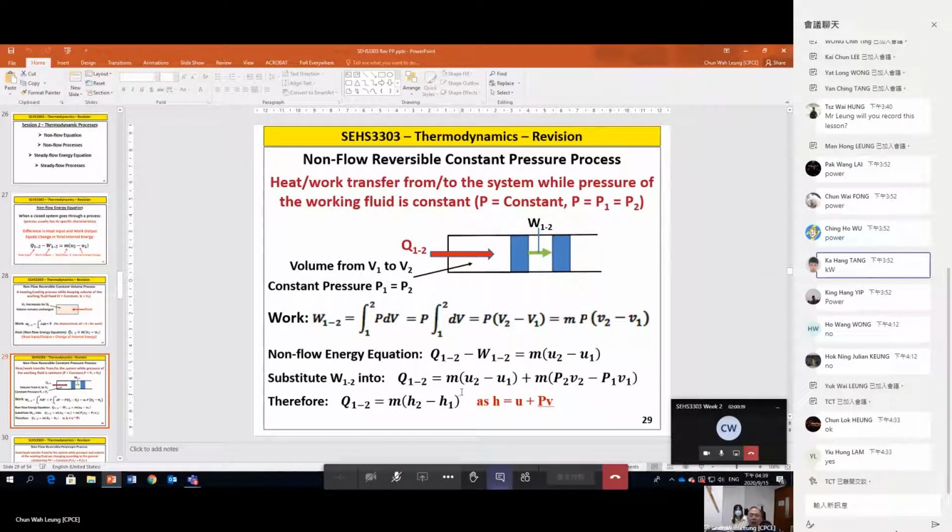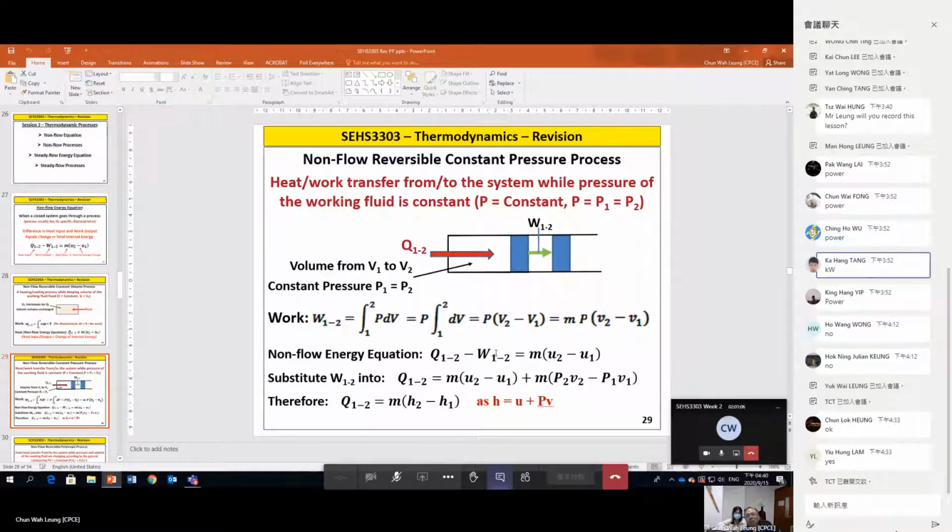However, we may group this together because U2 plus P2V2 is the definition of enthalpy, H. U plus PV is H. So U2 plus P2V2 is H2, and U1 plus P1V1 is H1.